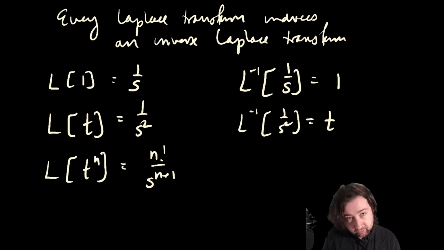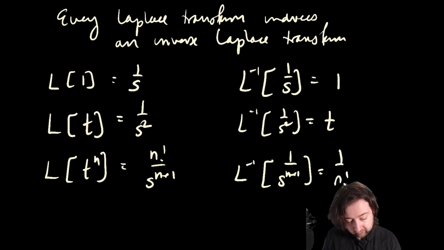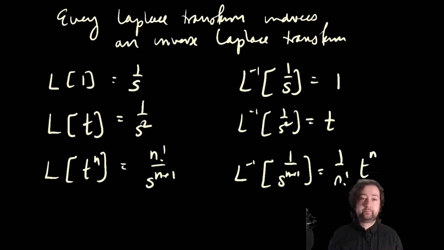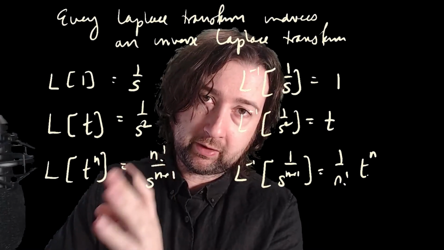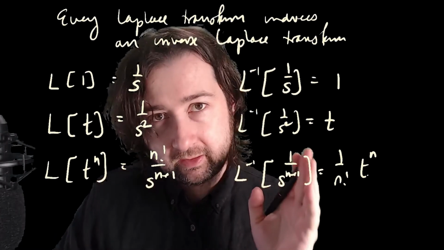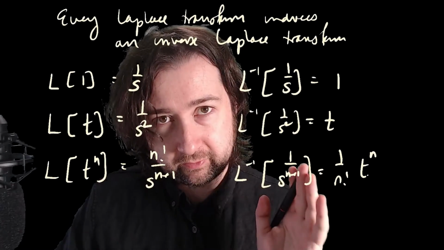And that's going to induce the inverse Laplace transform: the inverse Laplace transform of 1 over s to the n plus 1 is equal to 1 over n factorial times t to the n. So for every function on this list, every time we compute a Laplace transform, we automatically get an inverse Laplace transform relationship for free.